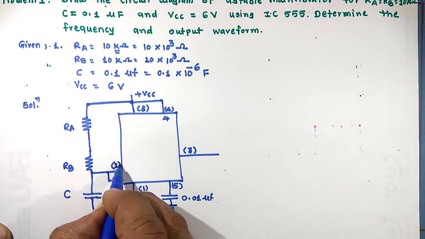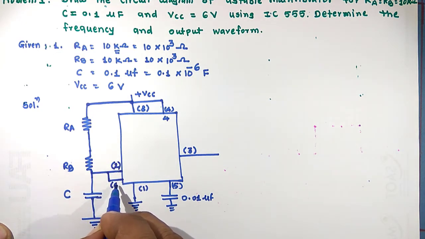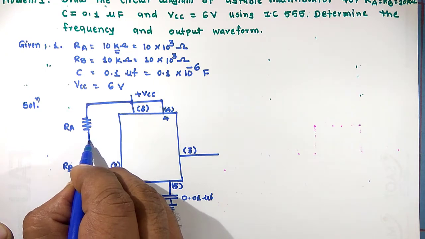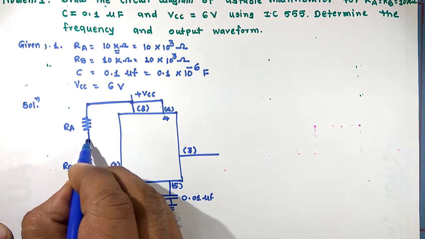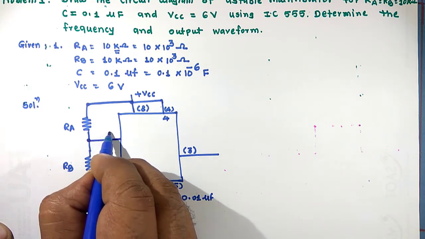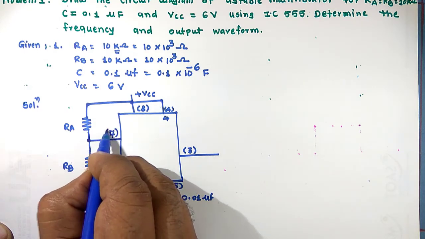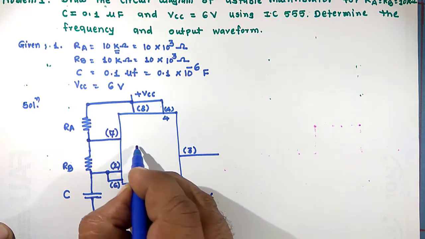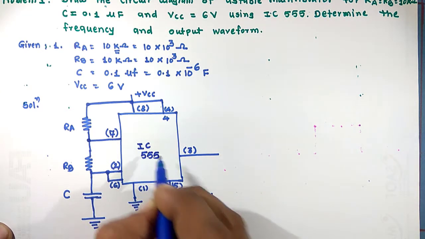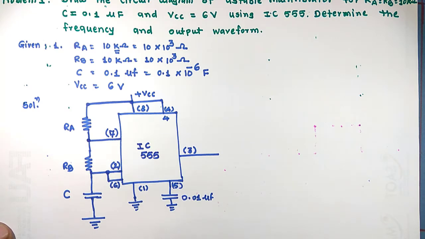So this is pin number 2 and this is pin number 6 of IC. Pin number 2 is trigger input and pin number 6 is threshold input. And the terminal between these two resistors RA and RB is connected to pin number 7, that is the discharge pin of IC 555. This is IC 555. So this is the circuit diagram of an astable multivibrator.